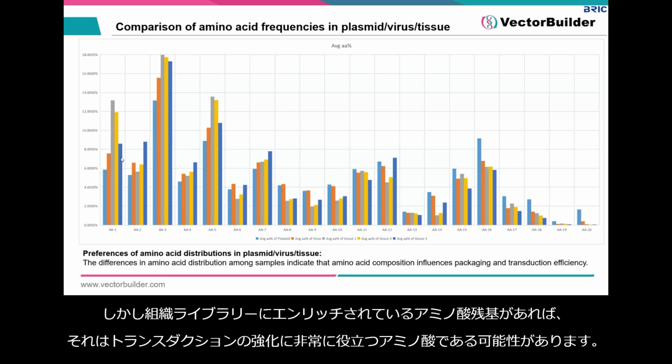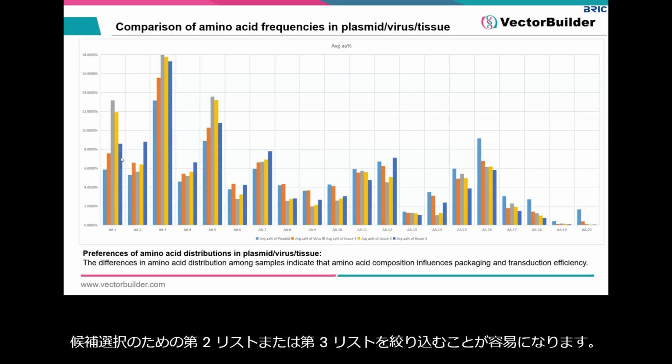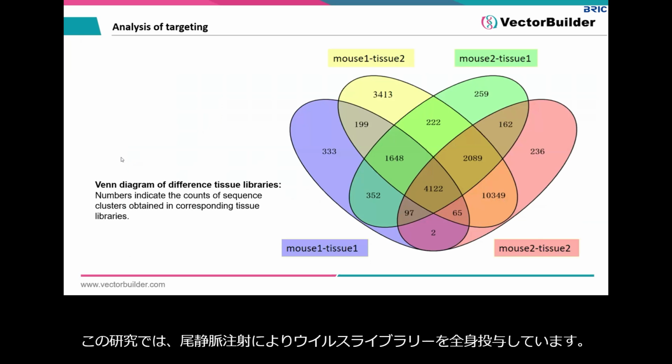But if some amino acids enrich in the tissue library, they might help transduction enhancement very much. So we will have a better understanding of the amino acid frequencies in different libraries, which helps us narrow down a second list or third list for candidate selection.